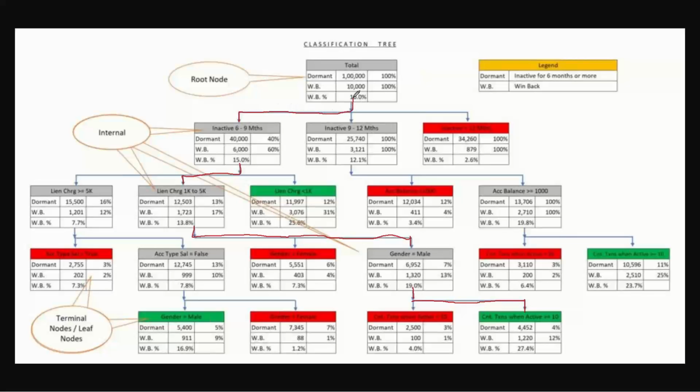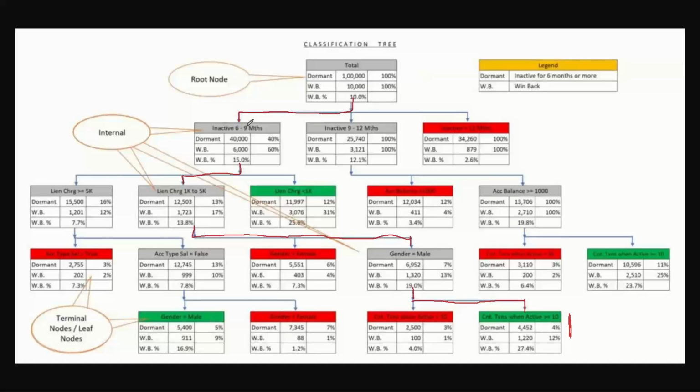What it means is, if I have to target customers having this kind of profile, I need to see how long the customer has been inactive. I'm now speaking of applying the model. After having built the model based on the pilot campaign, subsequently you will apply the model.